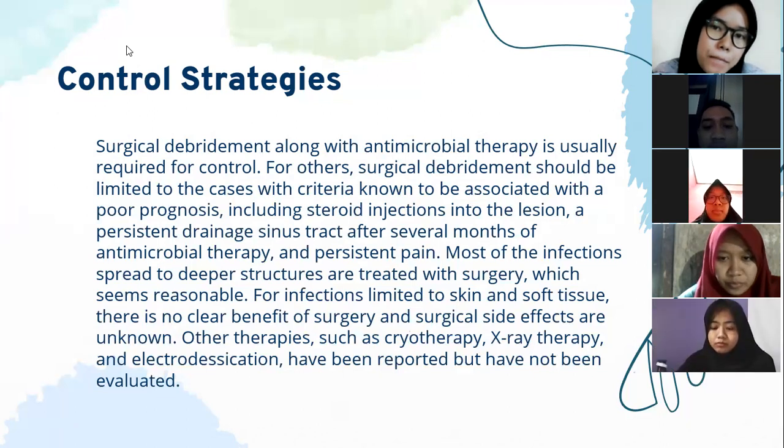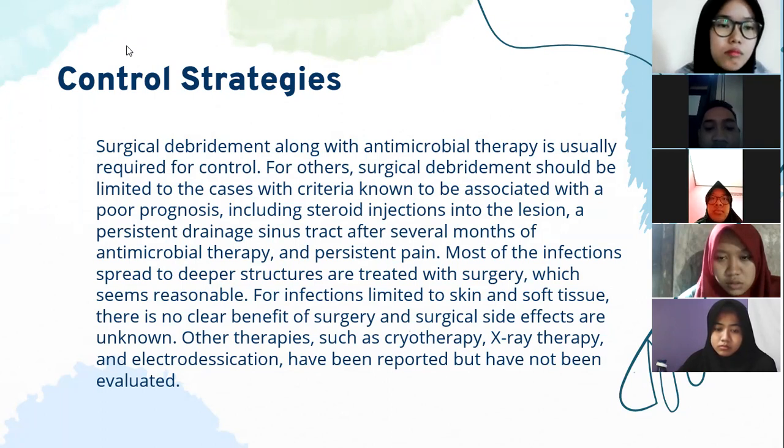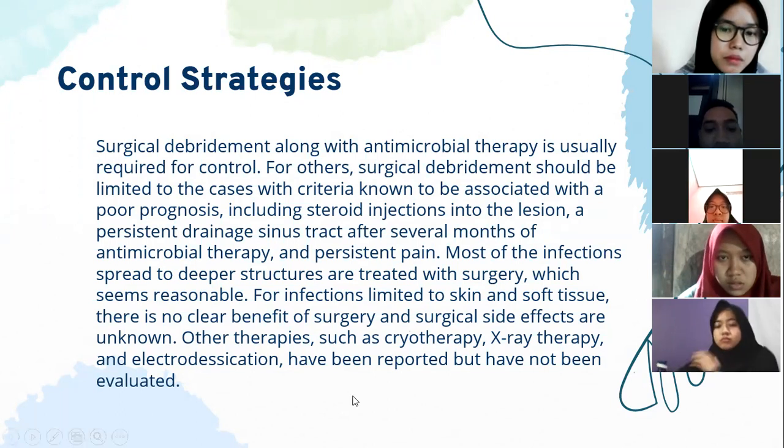Most infections spread to deeper structures and are treated with surgery, which seems reasonable, but for an infection limited to skin and soft tissues there is no clear benefit of surgery, and surgical side effects are unknown. Other therapies, such as lithotherapy, X-ray therapy, and electrodesiccation, have been reported but have not been evaluated.